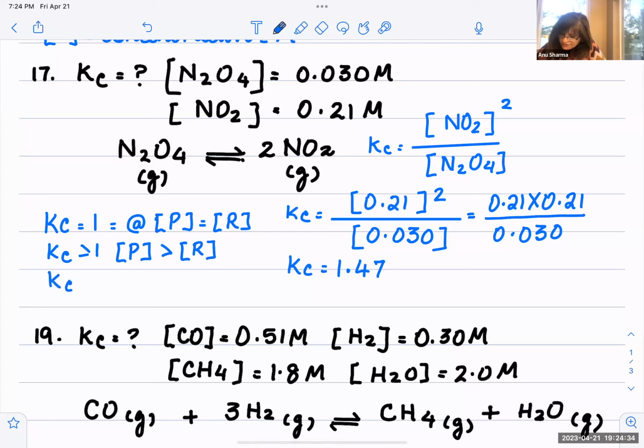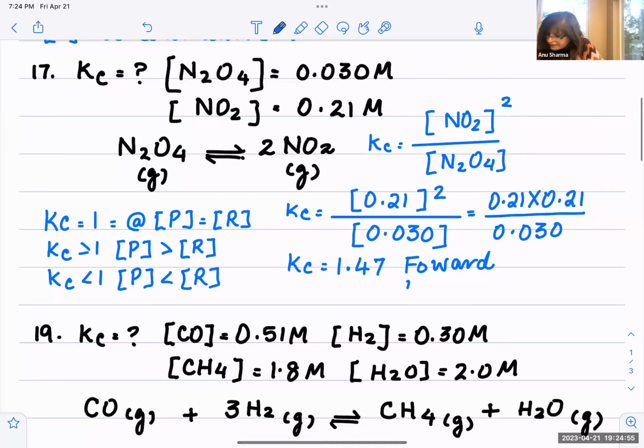And when the Kc value is less than 1, the concentration of the products is less than the concentration of the reactants. This is the very basic thing. If they're asking what direction it is moving, it is moving in the forward direction. It is at equilibrium, but the forward side is favored, moving towards the right side. All right, so that's one piece.